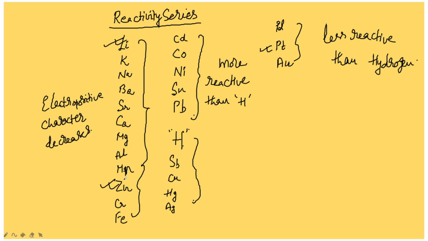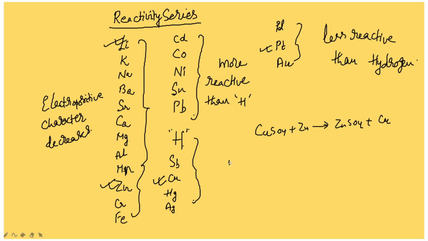Zinc can displace copper. Where is copper? Here is copper. That reaction which we have discussed in the previous slide: CuSO4 plus zinc gives rise to ZnSO4 plus copper.